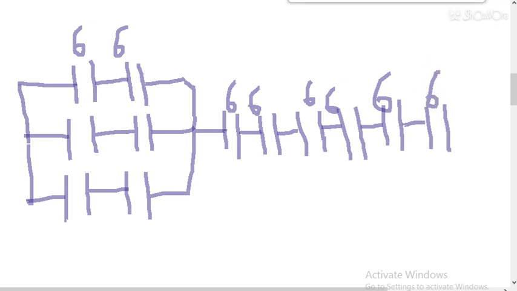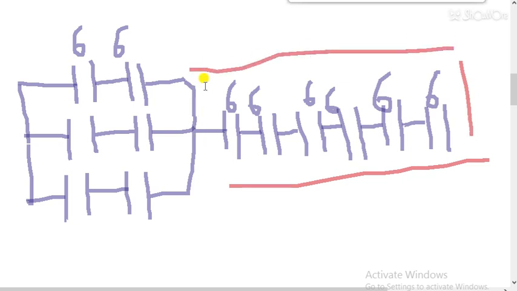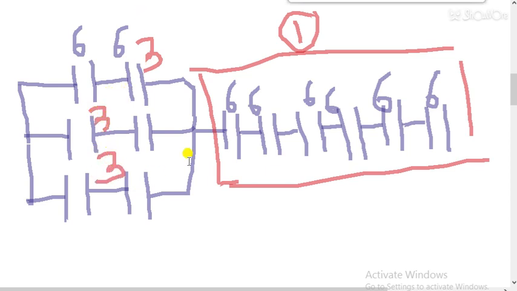This whole combination of 6 capacitors of 6 farad will give me the value 1 farad, and this will give me 3, this will also give me 3, this will also give me 3. So 3 and 3 is 9, and 9 plus 1, sorry, this combination again does not give me the value.